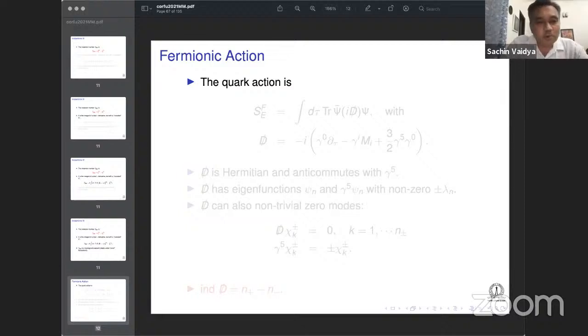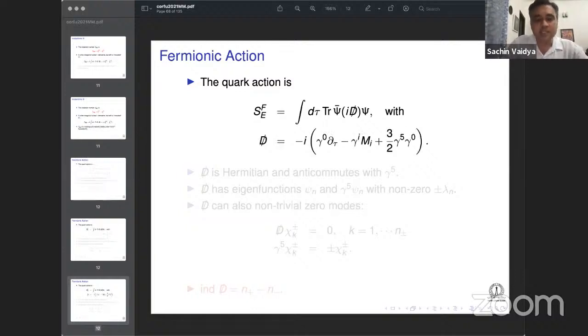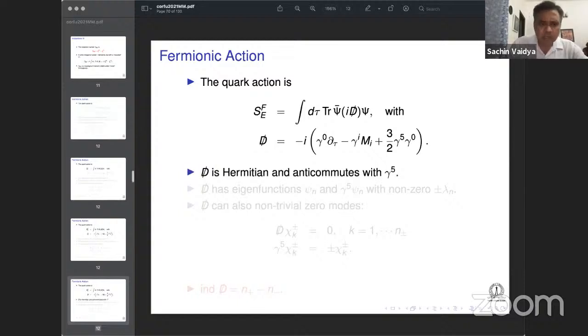Right. So much for the pure Yang-Mills part. Let's add in the fermions. They are very easy to add in. They are just Grassmann variables that depend only on time. And this is my fermionic action. The Dirac operator is again very straightforward to write down. I've again written it down in the temporal gauge. There's no problem putting the A0 back in. This D-slash is Hermitian and commutes with gamma 5.